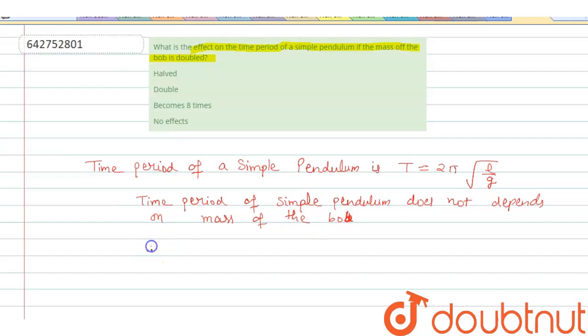Right? So no effect on time period due to change in mass. Right? So we can say that option number 4 is correct.